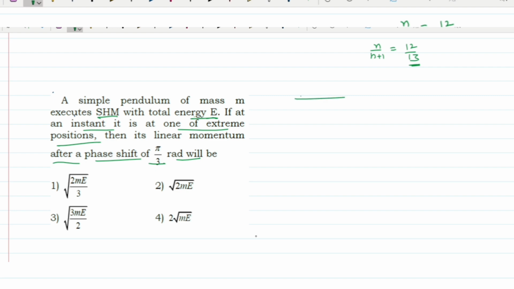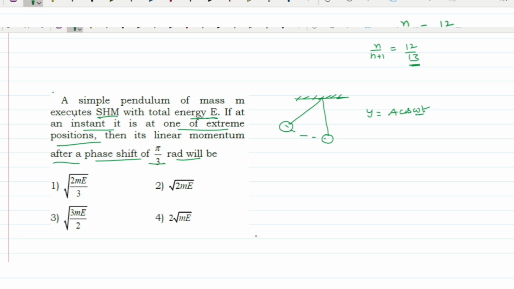The simple pendulum is making SHM. Initially it is at the extreme position, and after pi/3 they are asking for the linear momentum. The displacement of the particle at the extreme position you can write as A cos omega t, where omega t is theta.